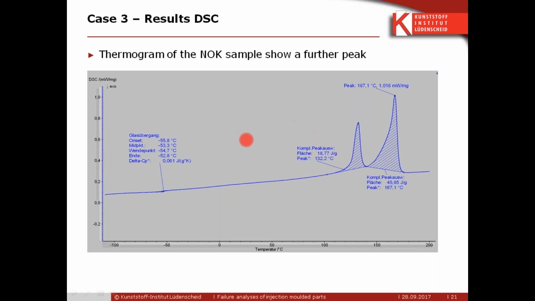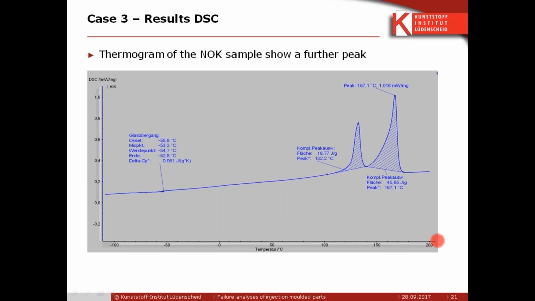That's what you would expect if you measure unmixed PP. We also measured an NOK sample, and as you can see, we don't only have the PP peak, we also have a second peak at 132 degrees, which is distinctly pronounced. It is not only a very small peak.